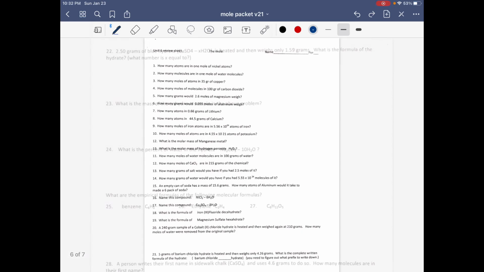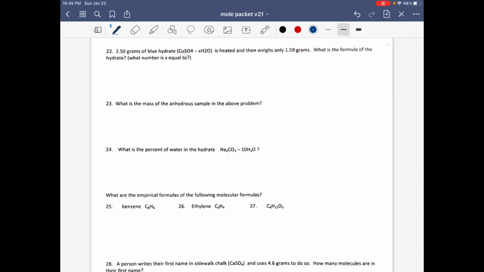Okay, now let's go to some other hydrate problems. For number 22, 2.50 grams of blue hydrate CuSO4 x H2O is heated and then weighs only 1.59 grams. What is the formula of the hydrate? What number is x equal to?